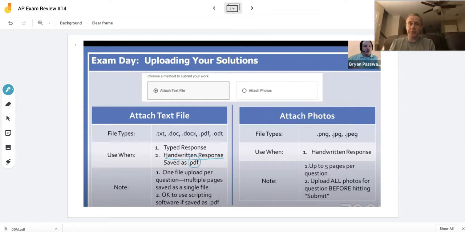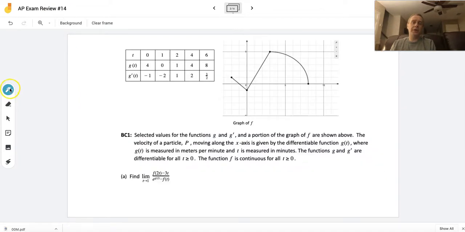So the first thing I want to go over today that involves content is revisiting L'Hopital's rule and limits. In this question, we have that selected values of the functions g and g prime and a portion of the graph of f are shown above. So we see that here.